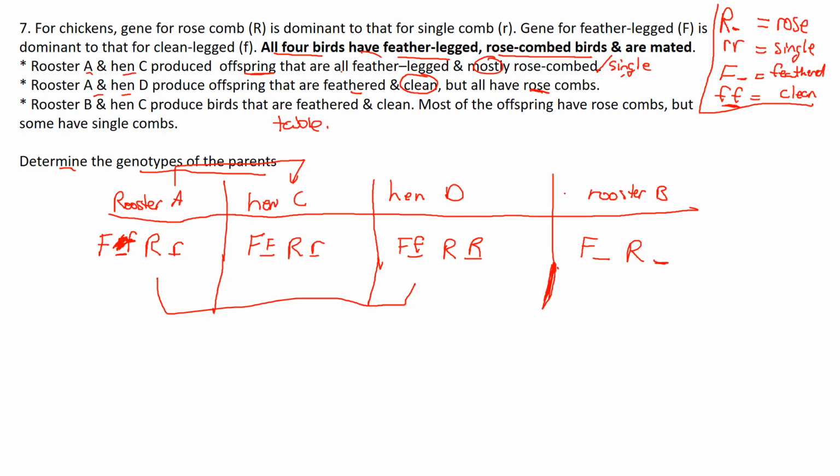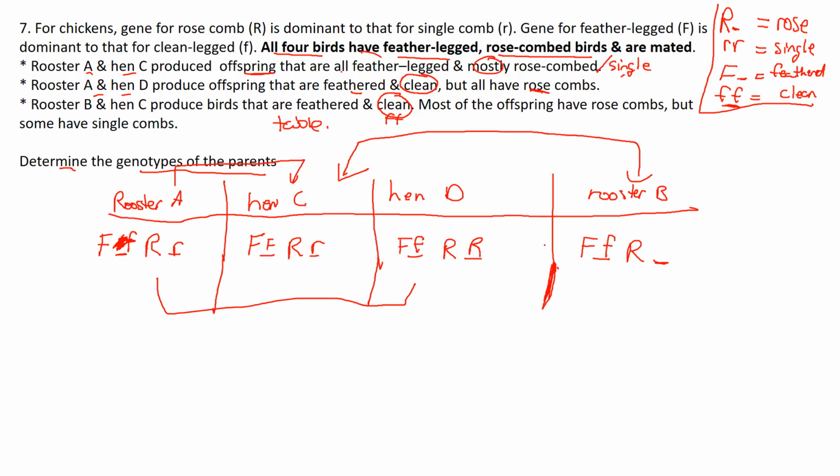Rooster B and C, these guys hooked up. And it says, again, all we care about is the recessive traits in the offspring. They produce some birds, some of them feathered, but some of them clean. So if they are clean, that means those clean individuals had little f's, one came from each parent.